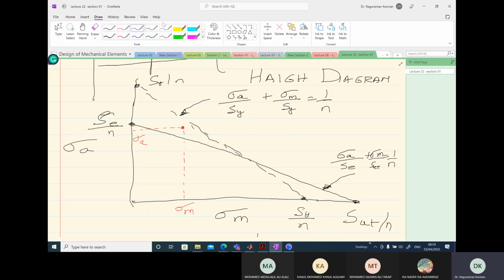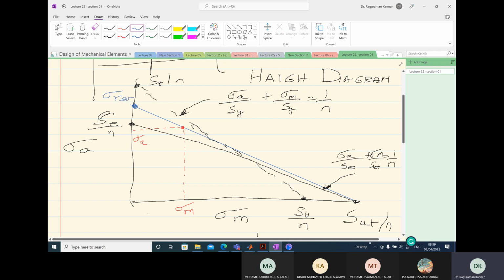I'm going to draw a straight line from SUT which passes through my point, just like the Goodman line, and it intersects the y-axis at some point. Whatever this intersection point is, that is my equivalent completely reversed load for my point of interest.